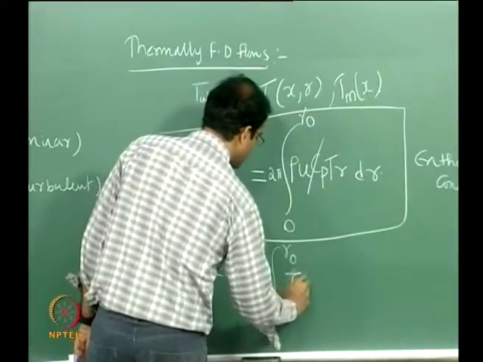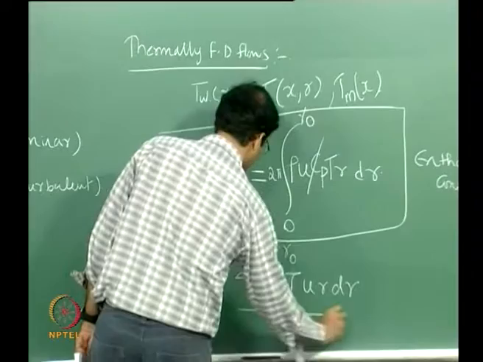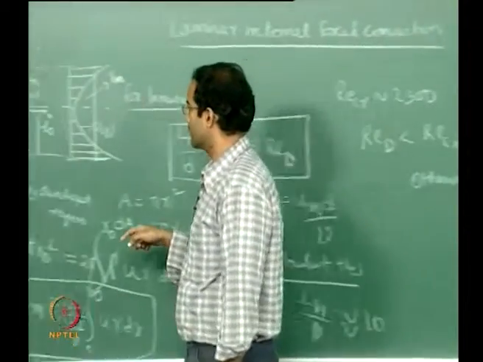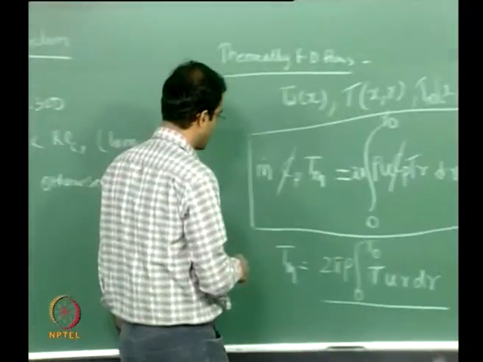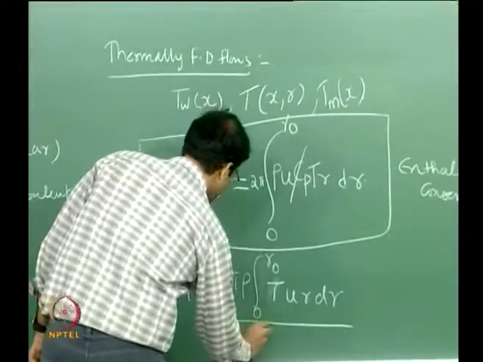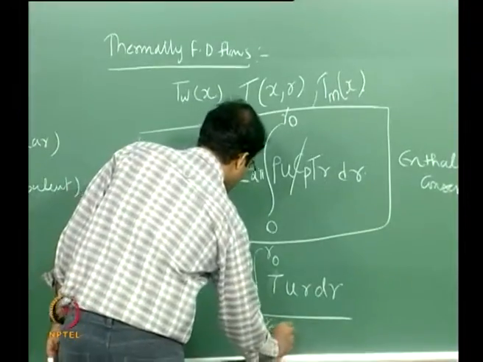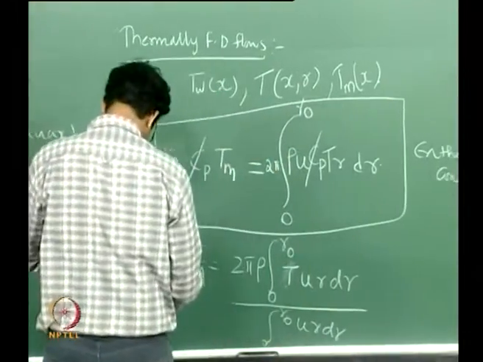So T into U into R dr divided by, my flow rate there again will be a parabolic velocity profile. So I can write this as integral 0 to R naught of U into R dr, right?